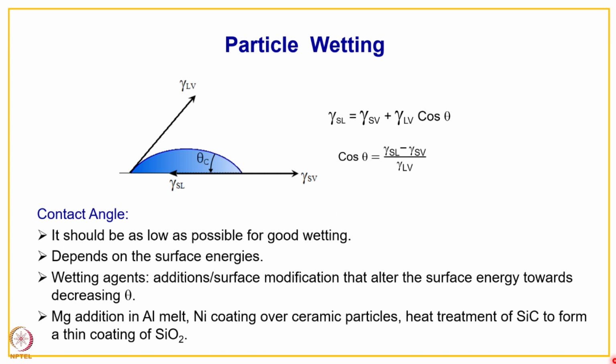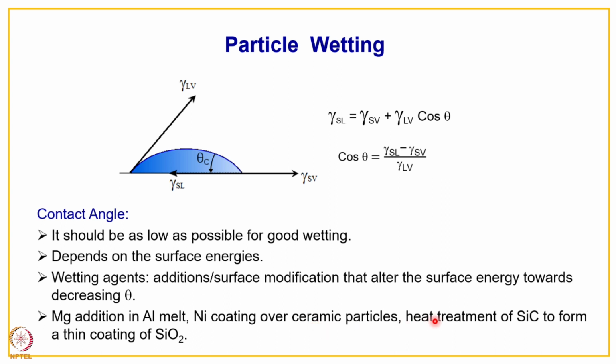So if you could coat that ceramic surface with another metal which has good wettability with aluminium, then there will be good bonding. So you can have a very thin coating of a metal like nickel on ceramic particles, and this will ensure that the bonding between the particles and aluminium is good, because now the bonding will take place through nickel and not directly through the surface of the ceramic particles.